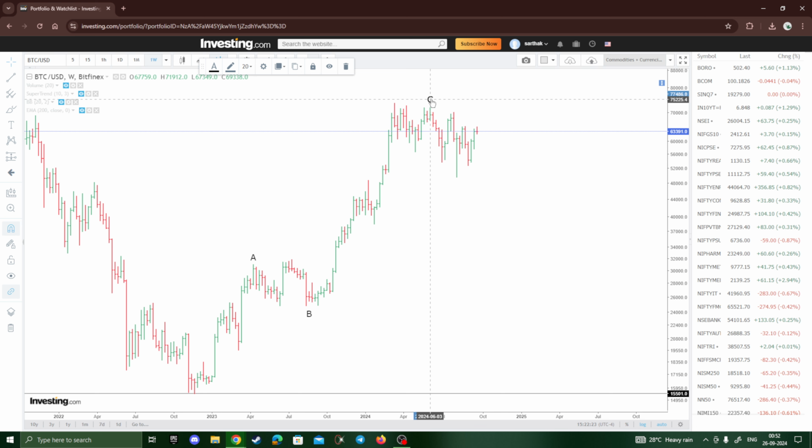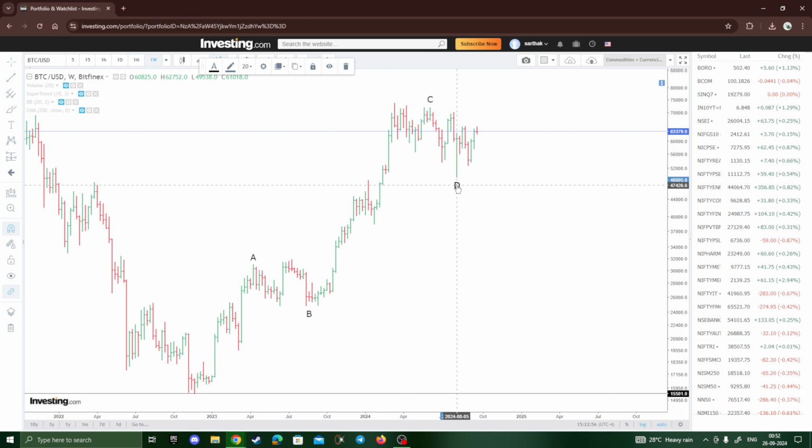So that would mean that the fifth part of wave C has truncated, and well, that is all okay if all the other rules are satisfied, and I really don't have any problem in labeling this wave C, the end part of wave C, at this junction of 71,912.